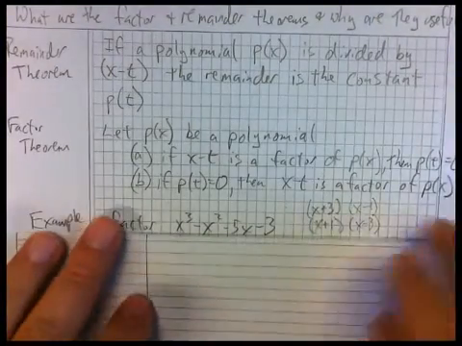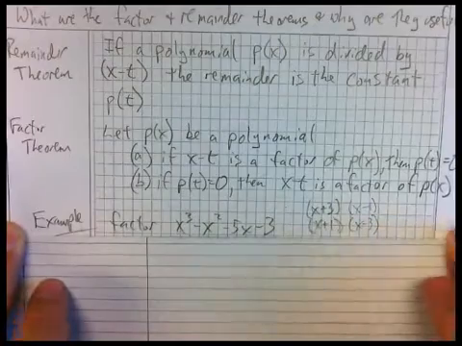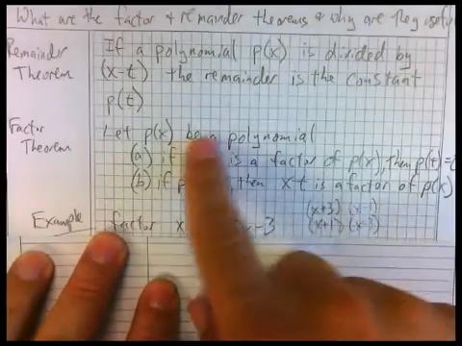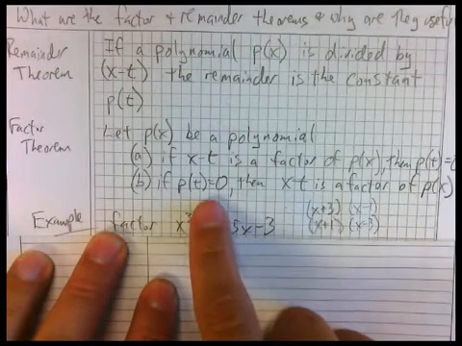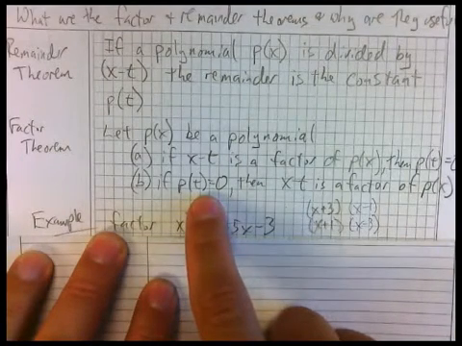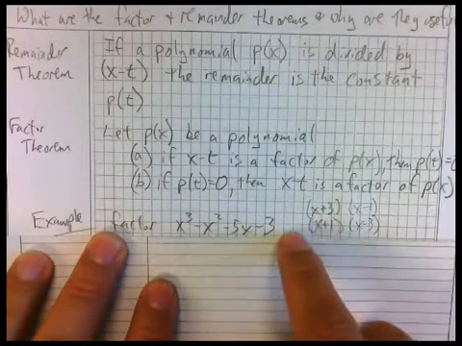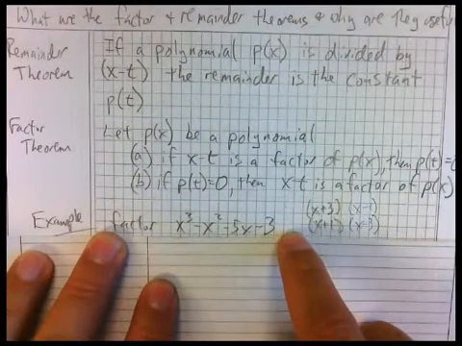All right. Well, if x plus 3 is a factor of that, then the factor theorem says that when I plug negative 3 into here, my function should equal 0. Okay?